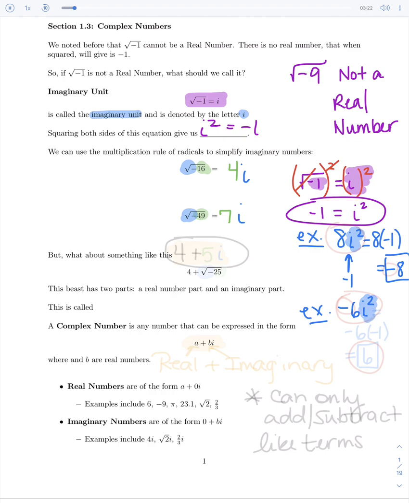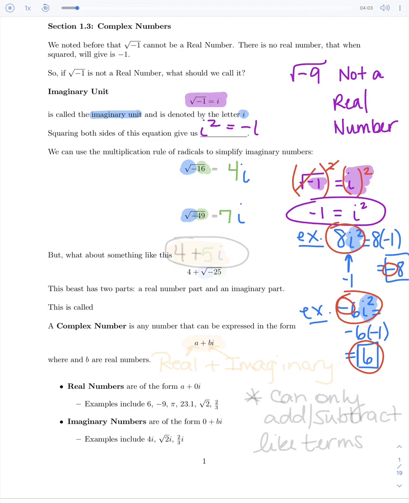Again, because the i squared is -1, that gives us -6 times -1, which is +6. So in a sense, whenever we have an i squared attached to a number, it changes the sign. So the positive 8i squared became just the regular number -8, and -6i squared turned that -6 into just a +6. So what does an i squared do? It basically changes the sign because it gets replaced with a -1. So we'll use this off and on throughout this entire section.